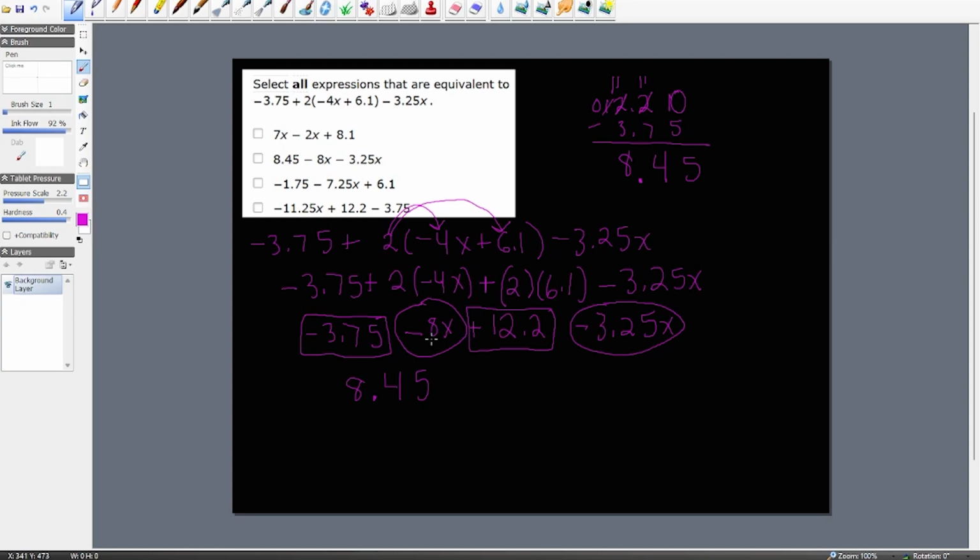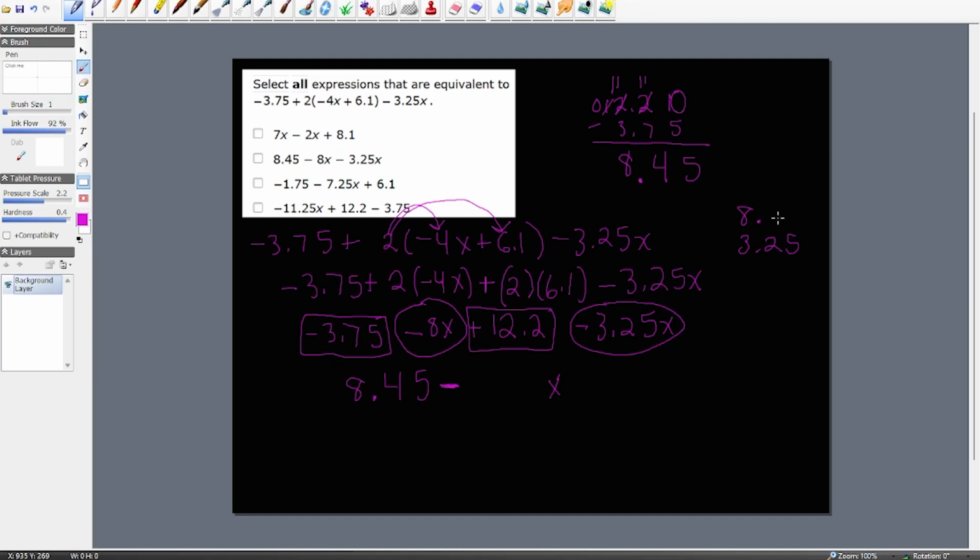Now let's evaluate our x terms. So we have a negative 8x and a negative 3.25x. Well, these signs are the same, so you're going to add them up. Of course, they're going to add up to be negative, and there's an x there, so I'm just putting the negative and the x right off the bat. So let's add these up: 8 and 3.25.